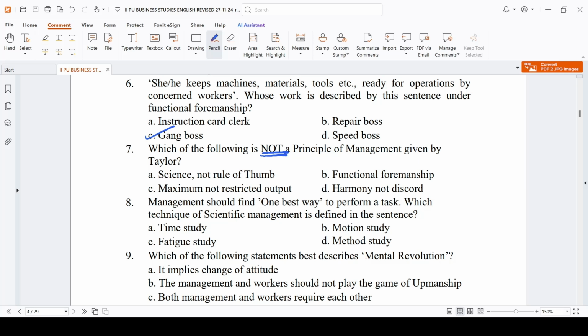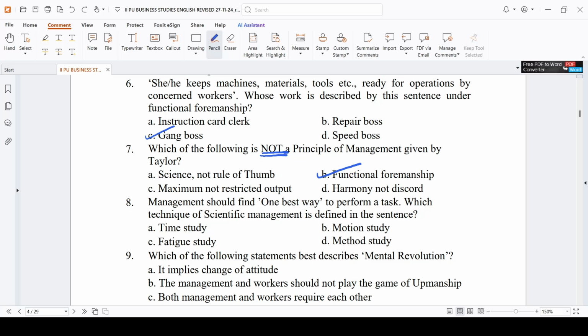Maximum, not restricted output: you should not restrict the output, you should give the output at a maximum level. These are principles given by F.W. Taylor. Functional foremanship is not one of them, so the answer is functional foremanship.